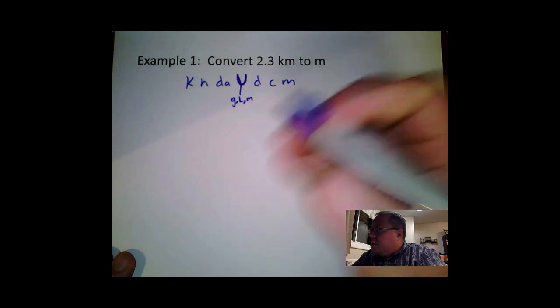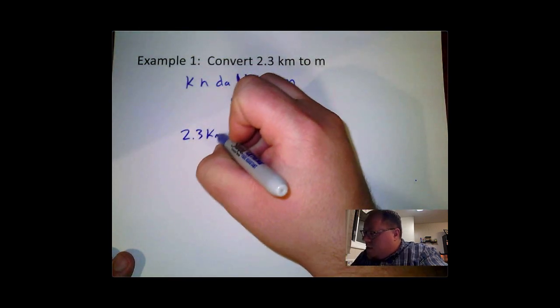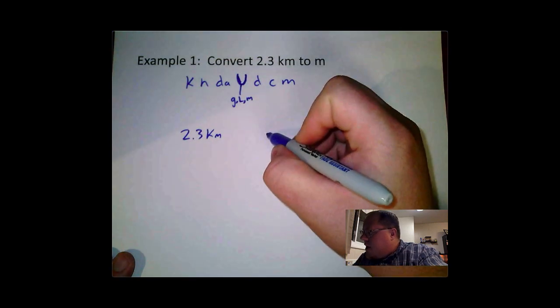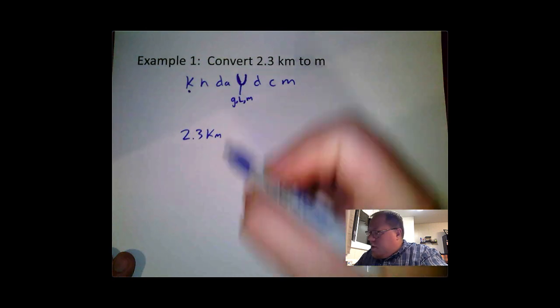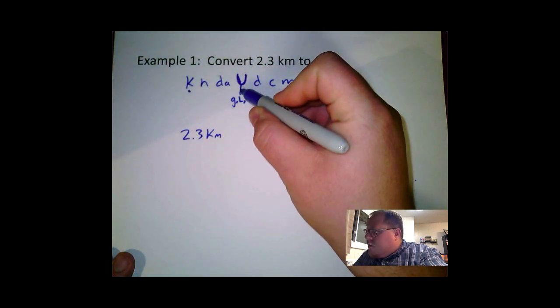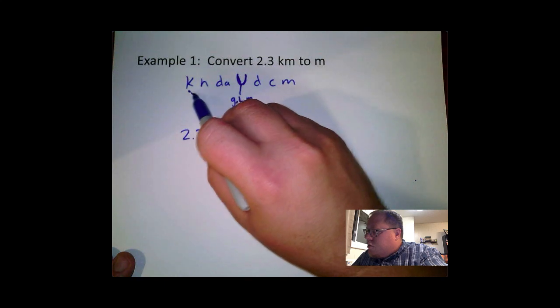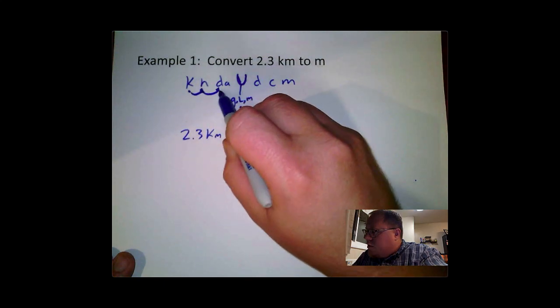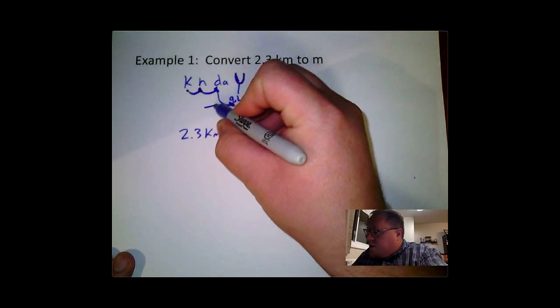Okay, so the way they showed you here, if you have 2.3 kilometers and you want to know how many meters that is, well, kilometers is right here. Meter is right here, it's the U. So I'm going to go from kilometer to the U. So I go 1 step, 2 steps, 3 steps to the right.